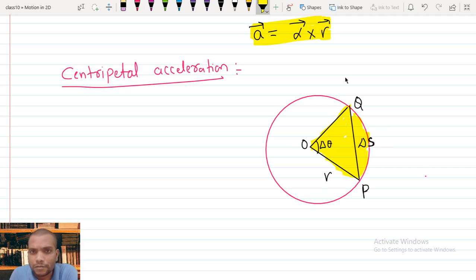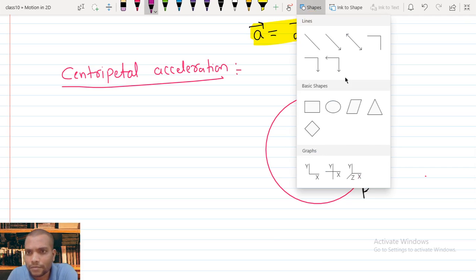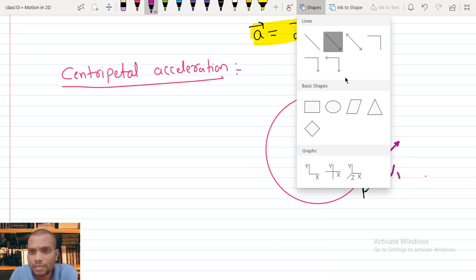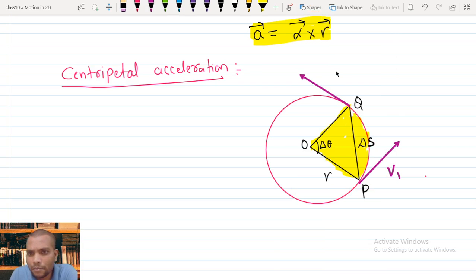So we can define that arc length, the angle subtended by the circle, which is known as angular displacement. And here if I take the velocity at point P, let this be the velocity vector. So this is showing in this direction v1, and at point Q the velocity magnitude is the same but the direction is different. So this is velocity v2.